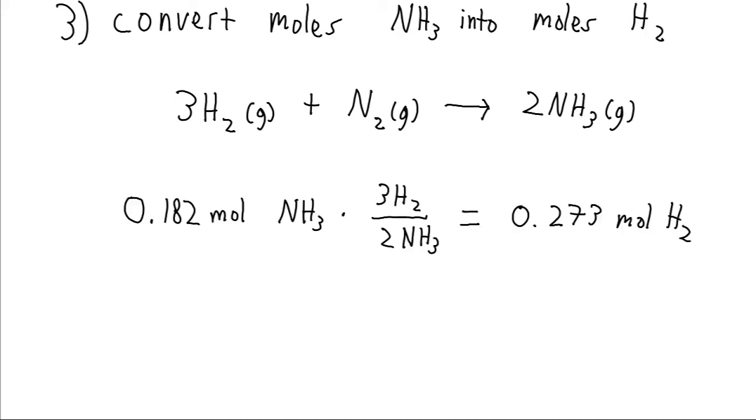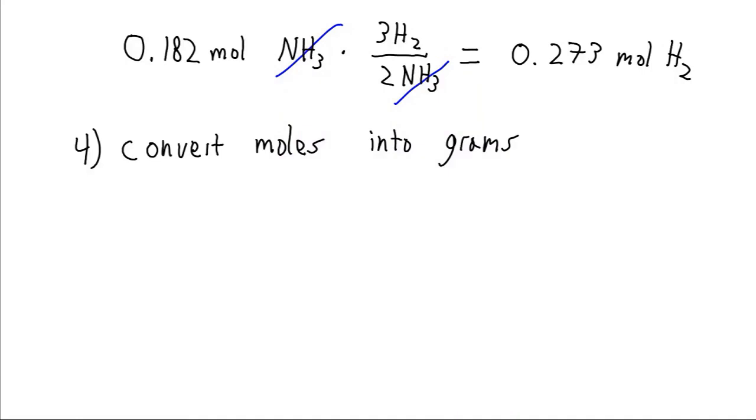So let's take our 0.182 moles of NH3 that we calculated and multiply it by 3 H2s for every 2 NH3s. You can think of this as canceling out as a unit. So the NH3 goes away, and now we've gone from moles of NH3 into moles of H2. So we multiply 0.182 by 3 halves, and we get 0.273 moles of H2.